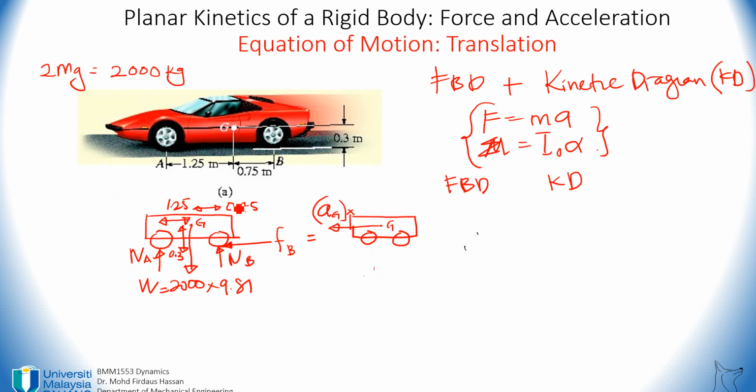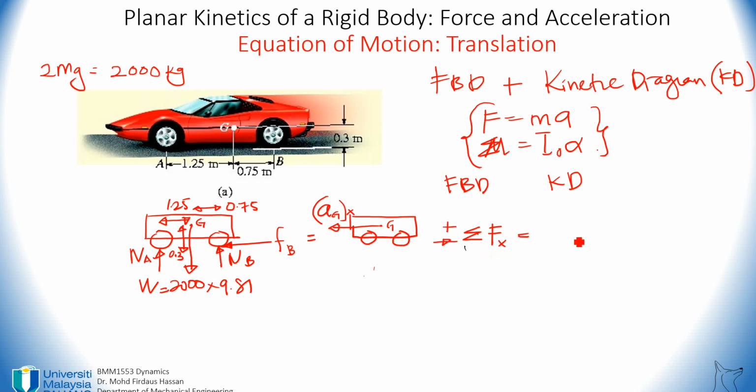How come it goes down or goes up? This is a car. So you have to solve it using the summation of F. First we solve in X. You have to choose either to the right is positive or to the left is positive, it's up to you. If you choose to the right is positive, it's okay. So anything to the right is positive.